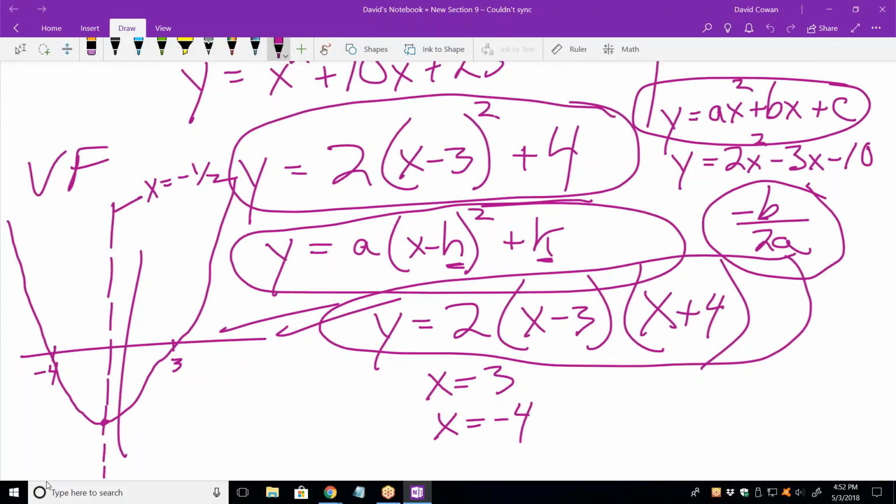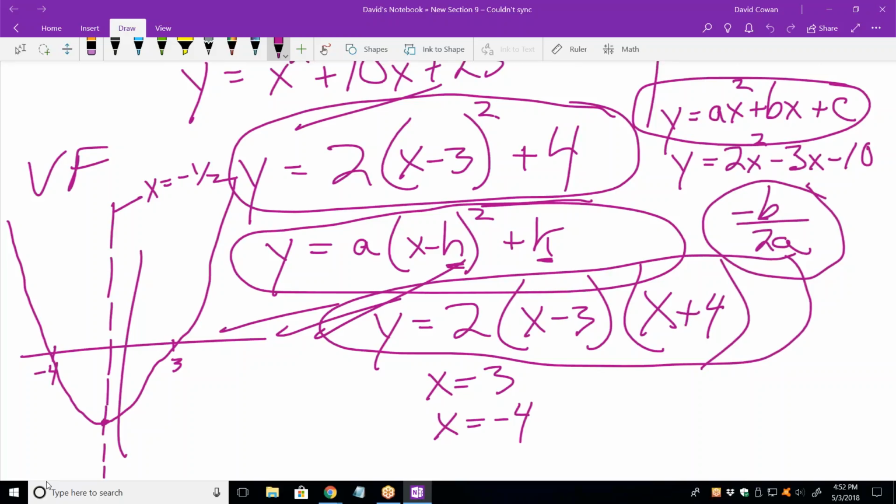So there's 3 different ways they can give you these quadratics, and depending on how they give it to you, depends on how you go about finding the vertex. If they give it to you in vertex format, it's a piece of cake. They're giving you the vertex. If they give it to you in x-intercept format, that gives you the x-intercepts.